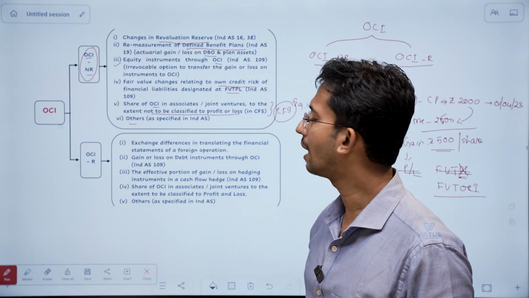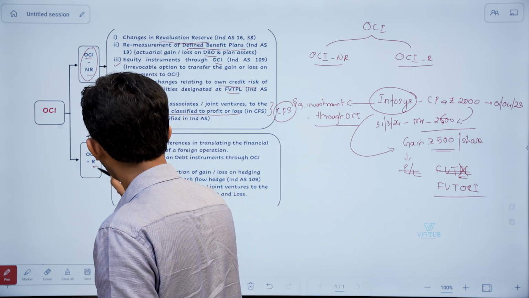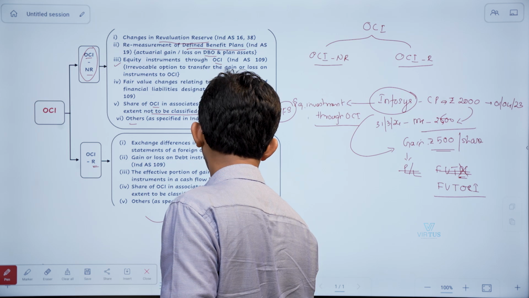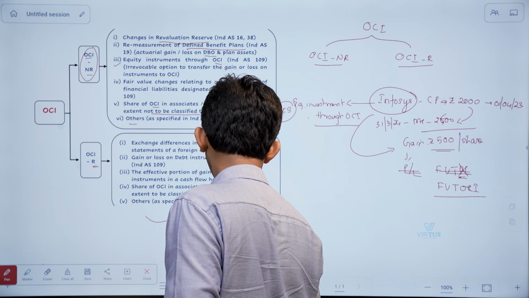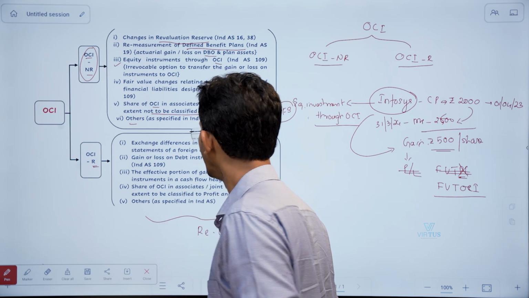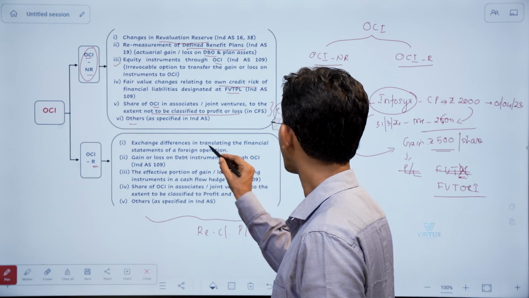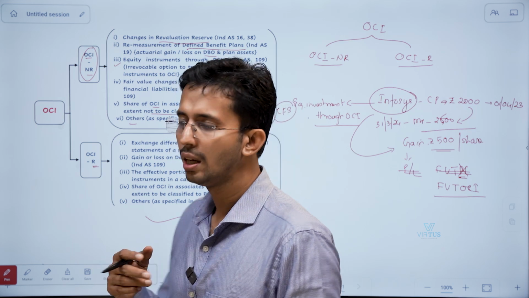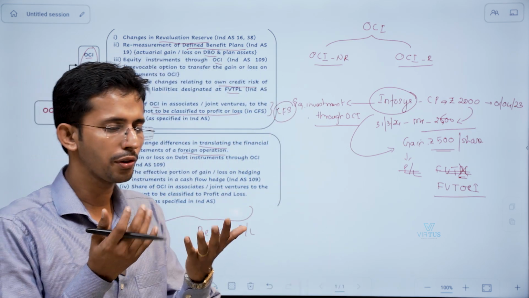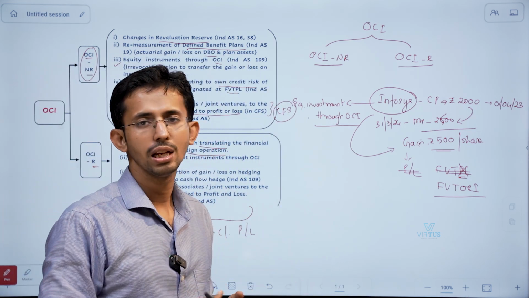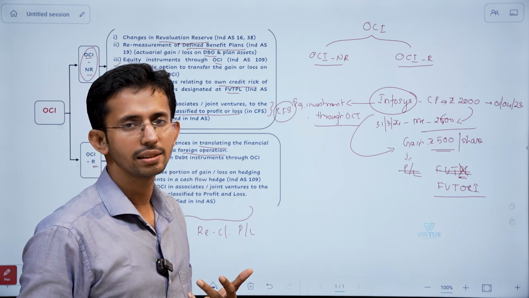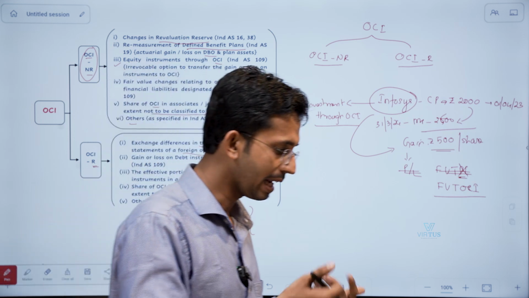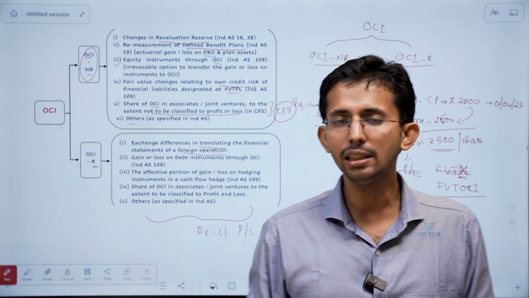Now we will see which items come under OCI-R, that means upon derecognition, these items have to be reclassified through profit or loss. The first item is exchange differences in translating the financial statements of a foreign operation. Whenever you incorporate the results of a foreign operation into your books of accounts, there could be foreign currency reserves or exchange differences, and these are treated as OCI items.